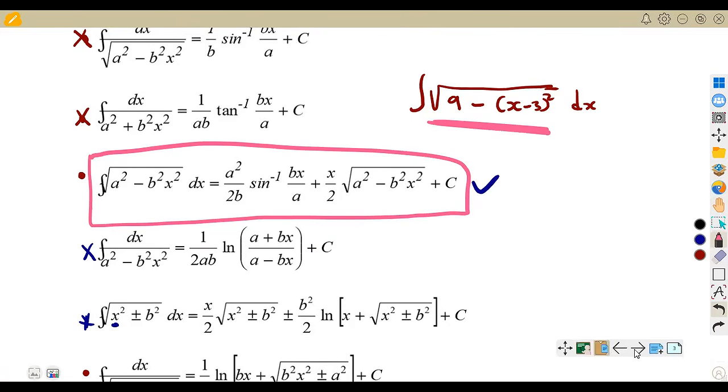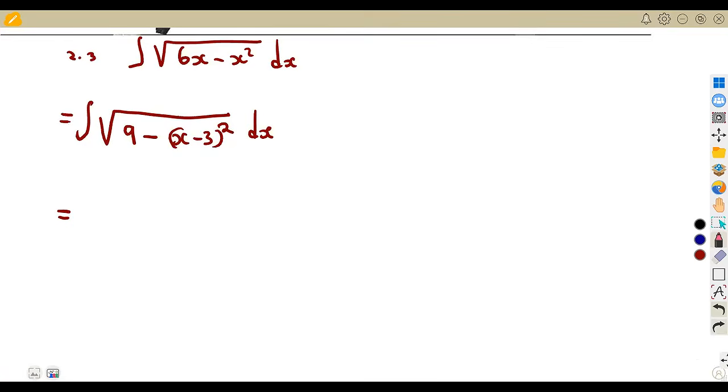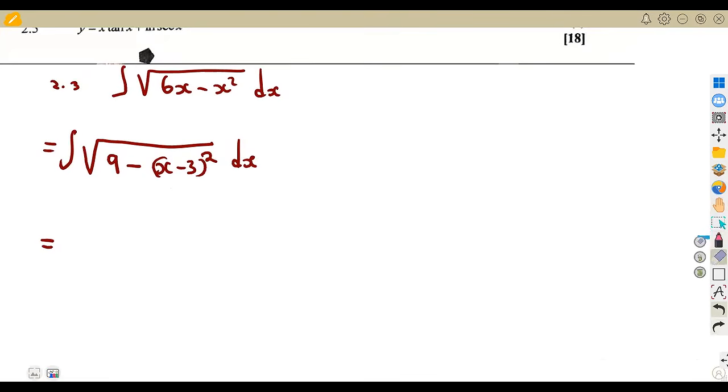So I'm going to rewrite this formula so that we use it together properly. On this formula, the integral under the square root of a squared minus b squared x squared, with respect to x, is going to give us a squared over 2b, sorry guys, I'm mixing a lot of things.